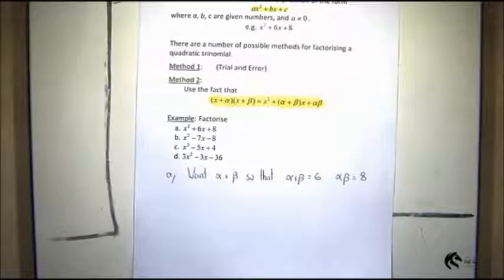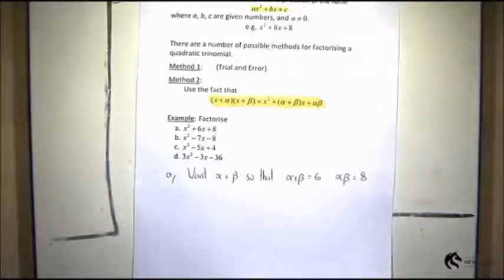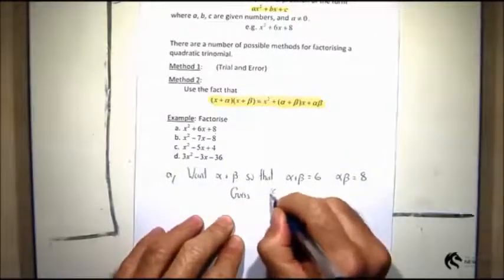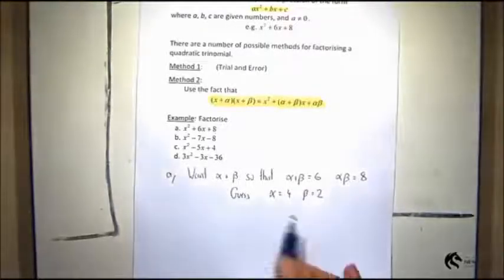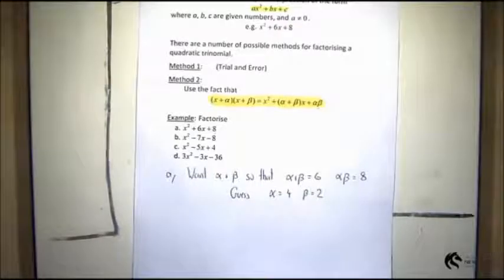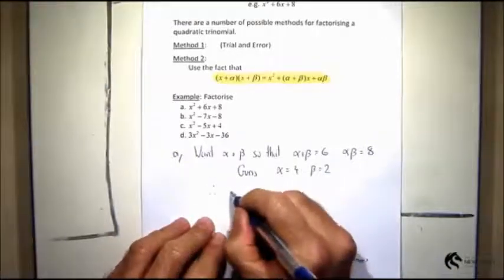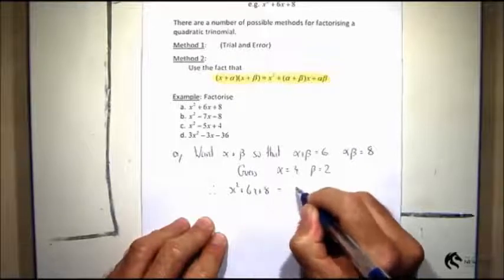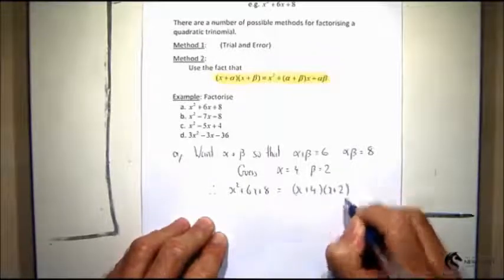Now, we could try and solve these simultaneously, but I think it's easier just to guess. I'll just say guess alpha is equal to 4 and beta is equal to 2. They multiply to 8 and add to 6. And hence, therefore, x squared plus 6x plus 8 must be x plus alpha times x plus beta.